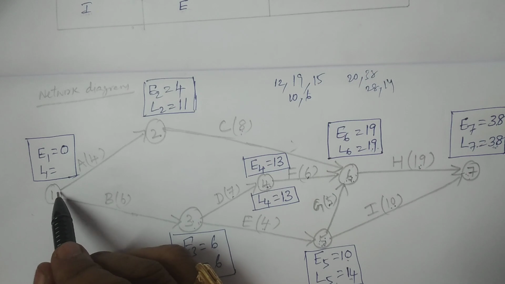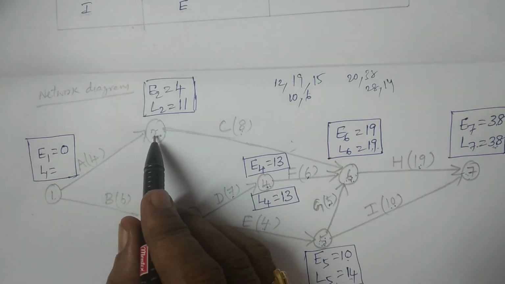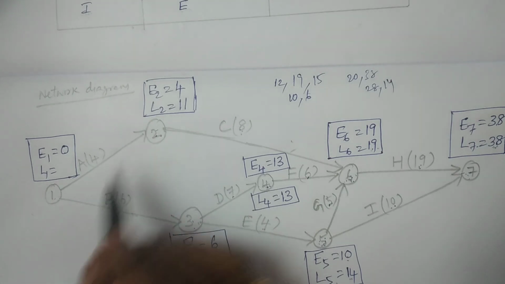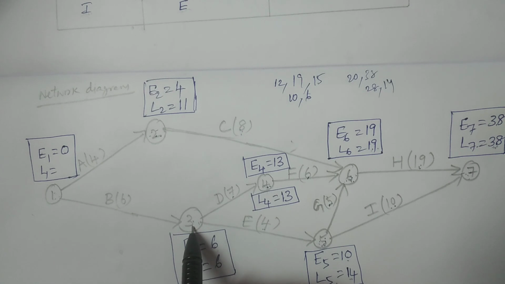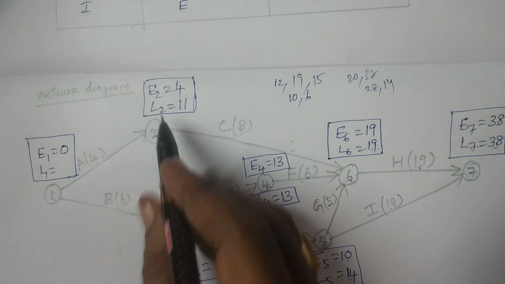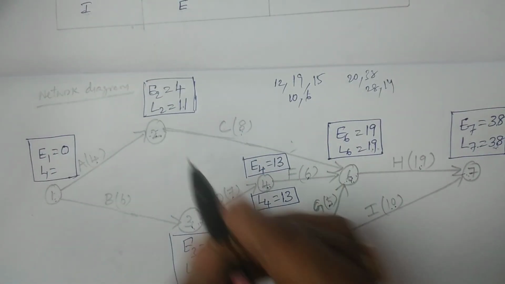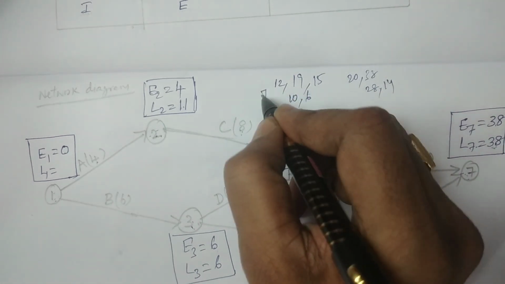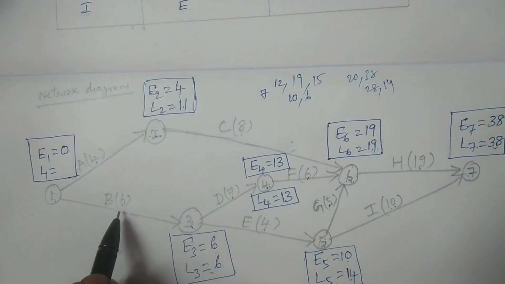It is connecting from 1 to 2 and 1 to 3, the two connectors to calculate L1 at the first event. L2 minus D12, 11 minus 4, it is 7, and L3 minus D13, 6 minus 6, that is 0.